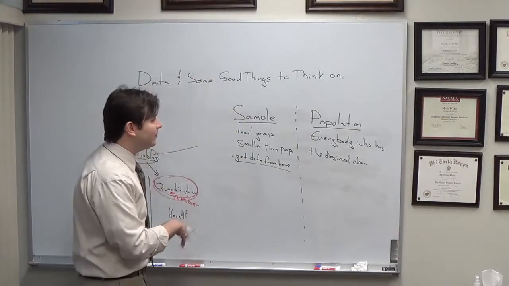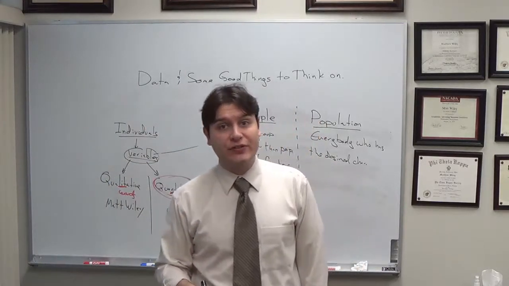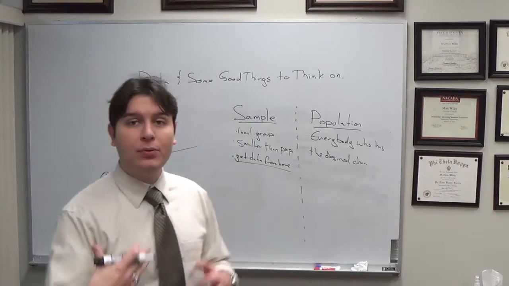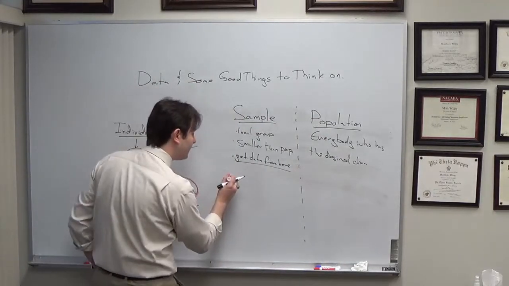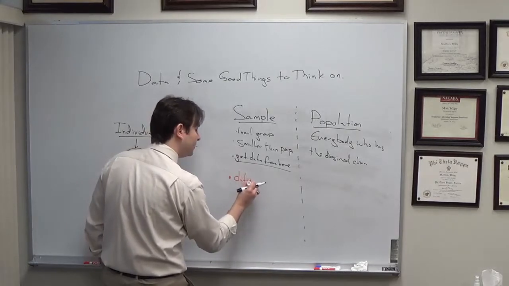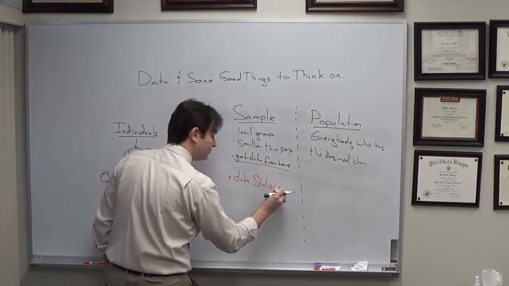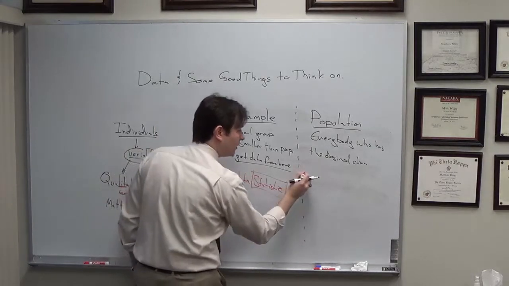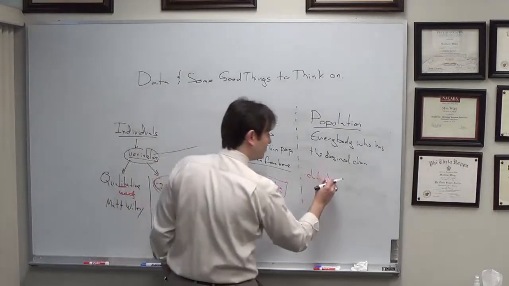So we've got our idea of sample versus population, and it would be nice if we could tell the difference between data collected from a sample or data collected from a population. So here it is. This data is called a statistic. This data is called a parameter.